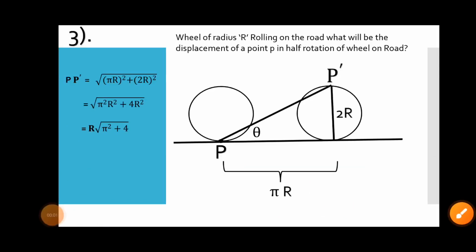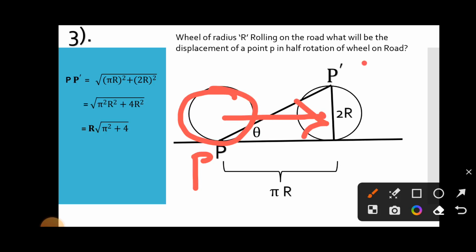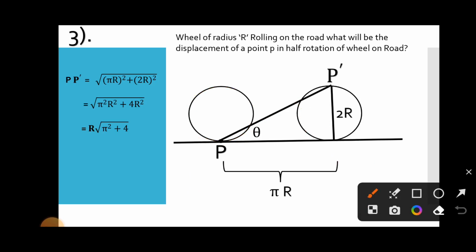Let's take another example. A wheel of radius r rolling on the road. What will be the displacement of a point P in half rotation of the wheel on the road? So this wheel rotates in this direction. After the half rotation, this point P comes here. We call that P dash. Suppose here is O. So what is the displacement?